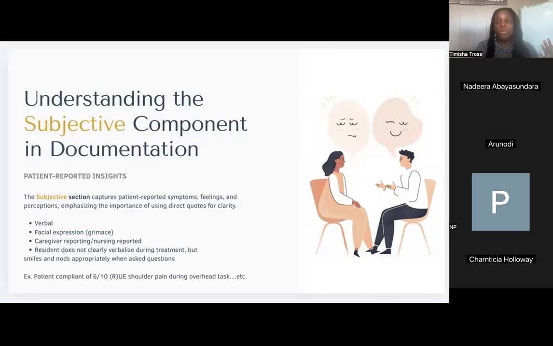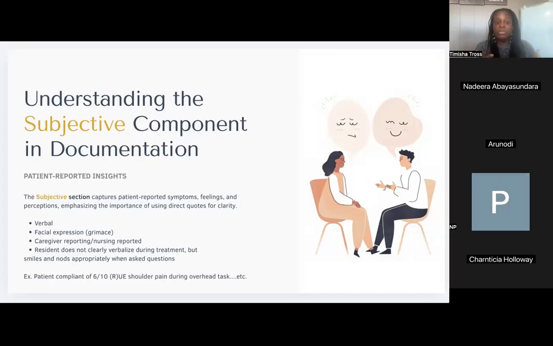If we're working more with teenagers or older adults, our subjective is going to come directly from them. And it's simply the reporting of symptoms, feelings, perception. It can be a direct quote, which is totally fine and appropriate. It could be maybe a facial grimace. Maybe the person is nonverbal, so they can't verbalize how they're feeling, so we can document that based off of their facial grimace.